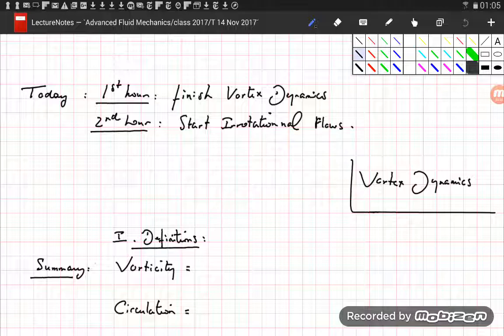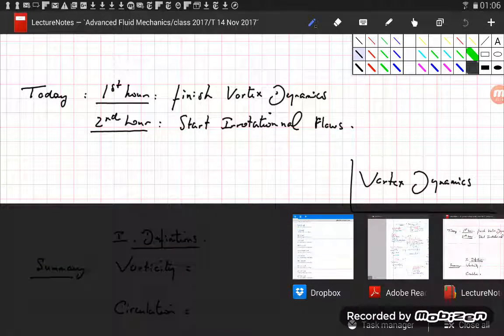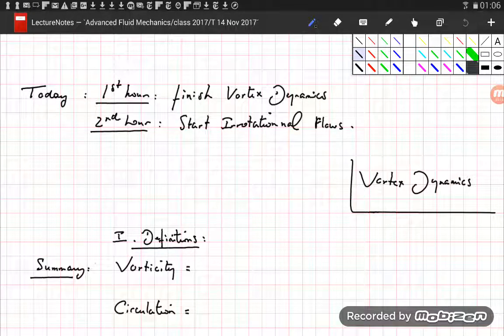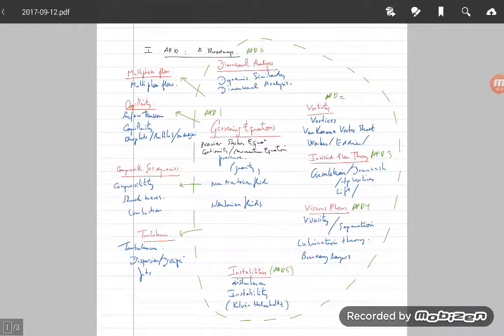Okay, and so before we go into the vortex dynamics, I think it's good at the beginning of the second quarter to remind ourselves of where we are in the flow of advanced fluid dynamics. So let me go back to our very first lecture, and let me go back to our roadmap. This is the roadmap that we sketched together during the first lecture, and we've been busy with parts of it.